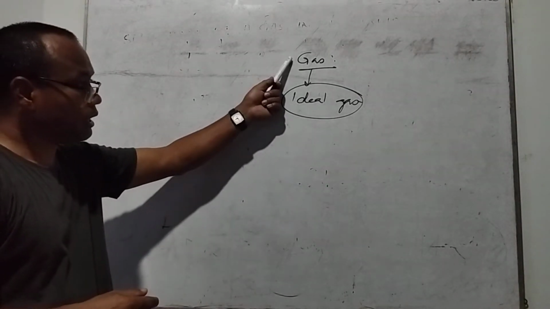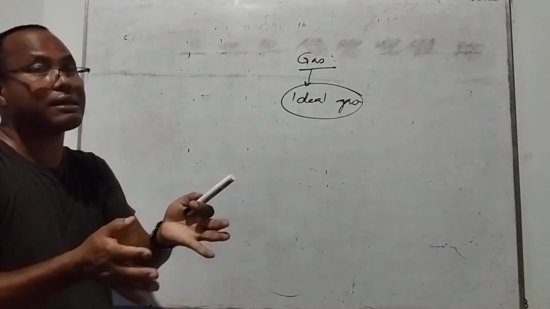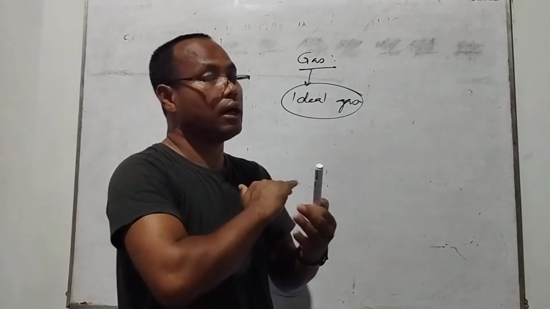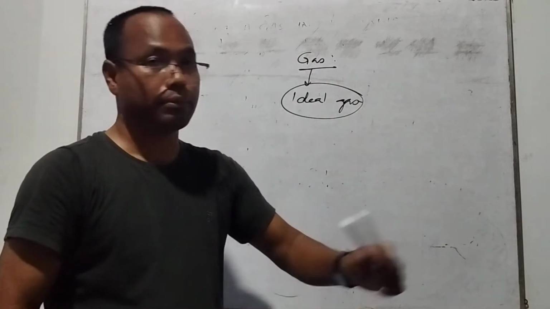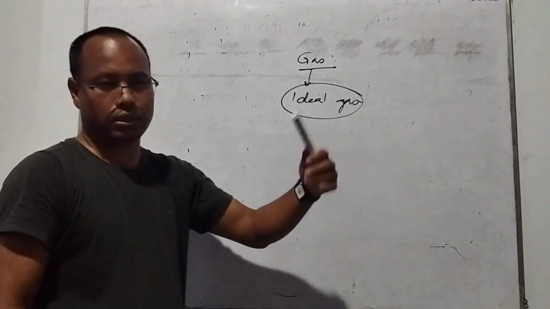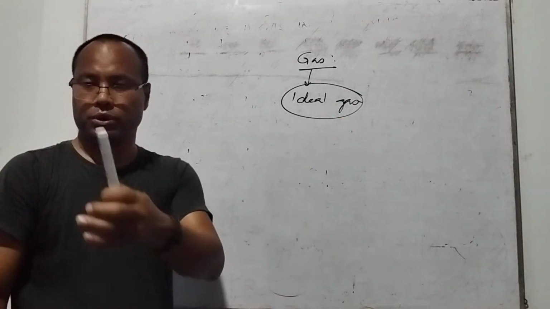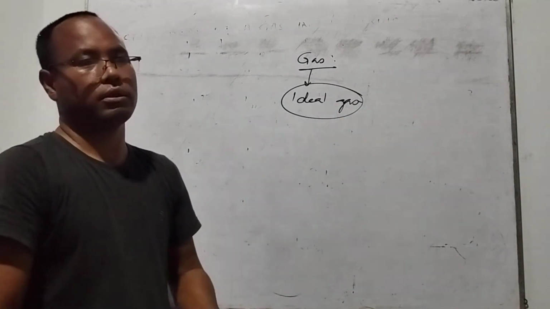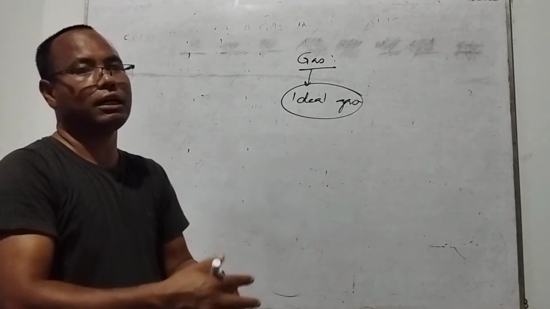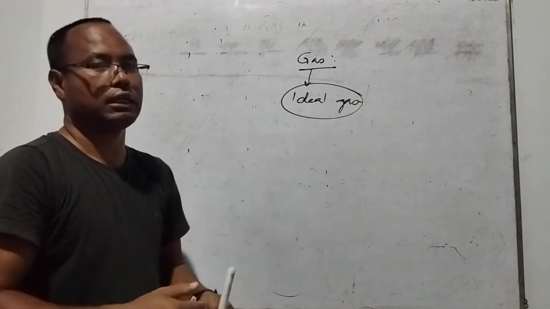So the gas which we consider an ideal gas means a gas that remains gas under any condition. Even in the colder region, that gas remains gas. When we apply very high pressure, the gas remains gas, right?